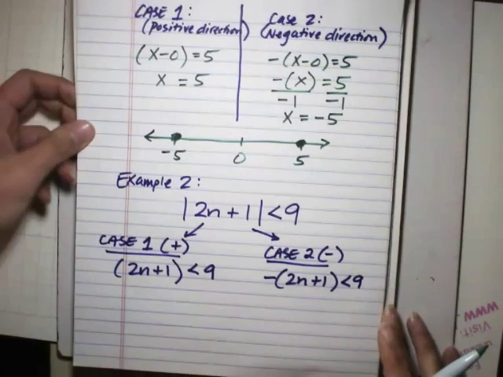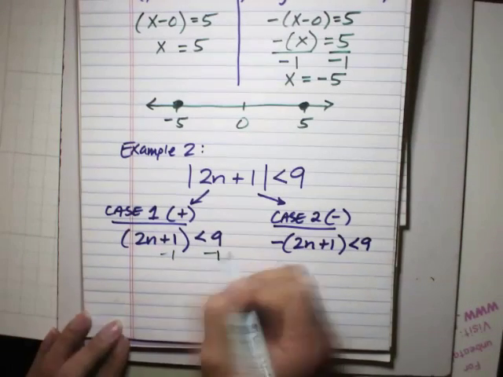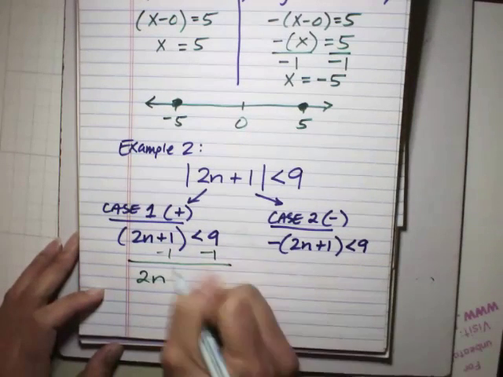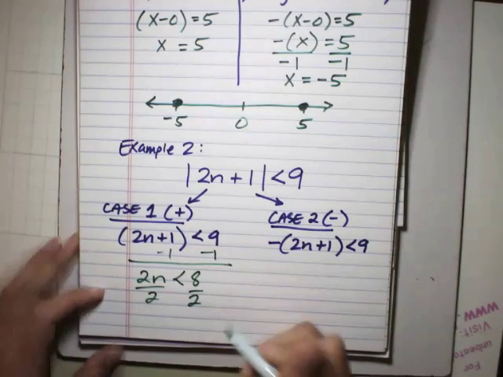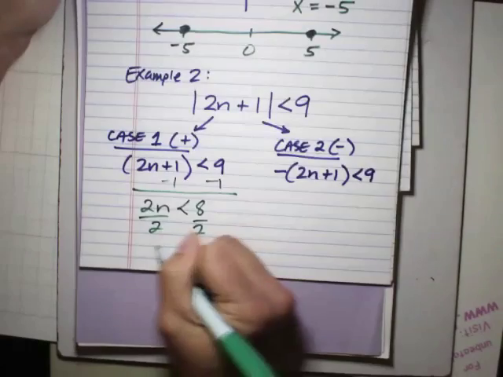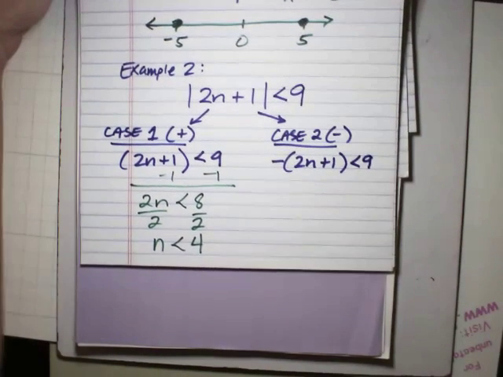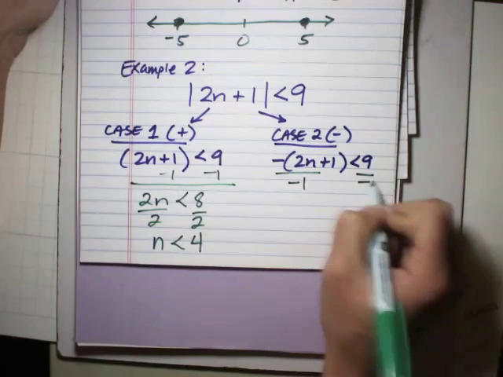Okay. You should have gotten, subtracting 1, 2n is less than 8, dividing by 2, n would be less than 4 in this case. On the other side, go ahead and divide by negative 1 right away.